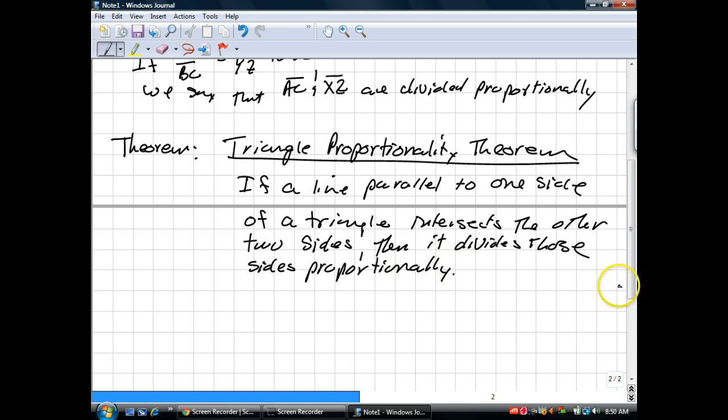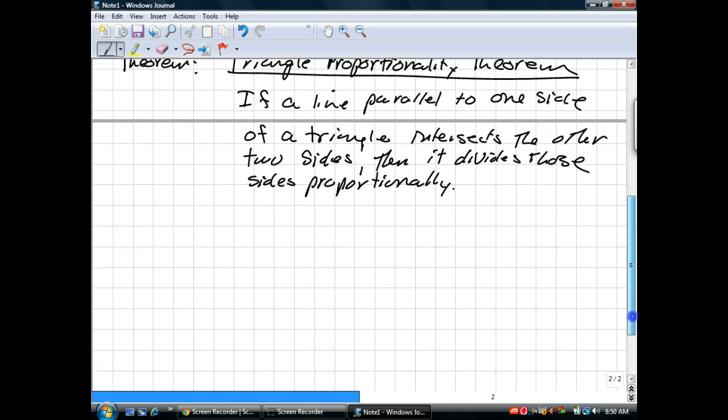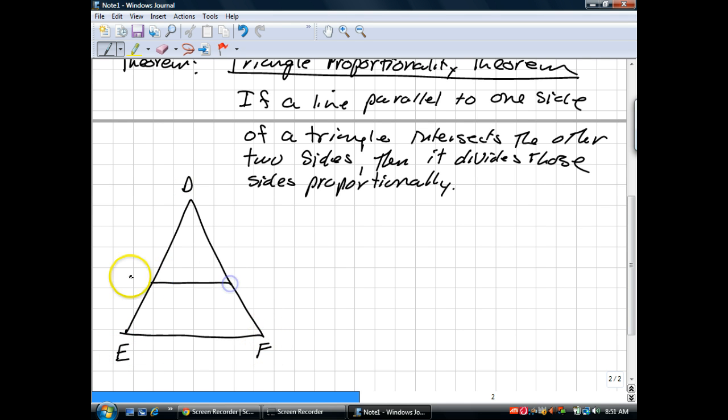Okay, so in other words, there are many proportions that we can set up if we have that situation. So let's say I have this triangle, triangle DEF, and I have segment GH, and it is parallel to EF.